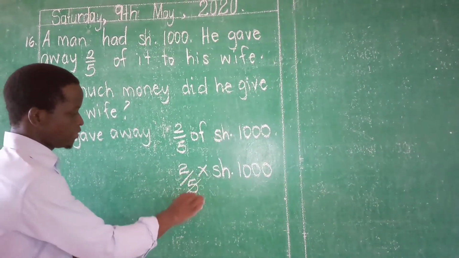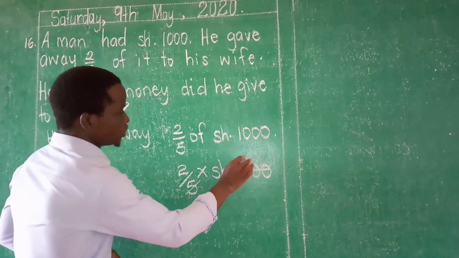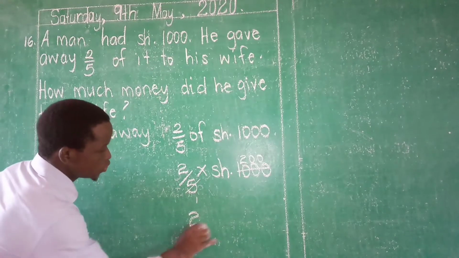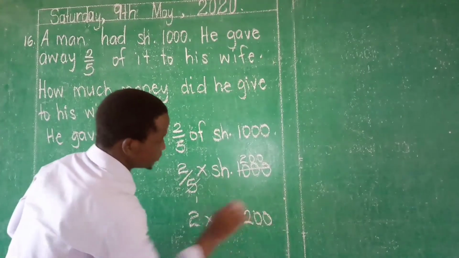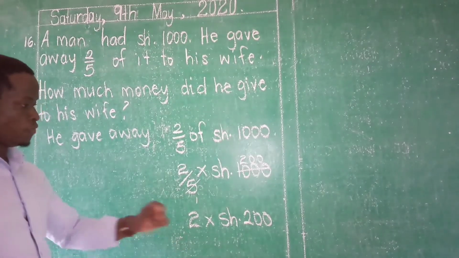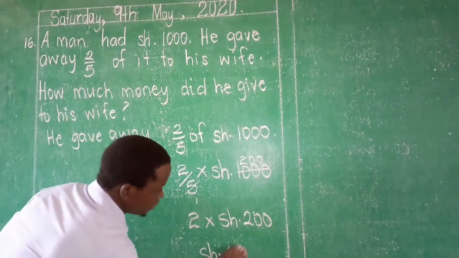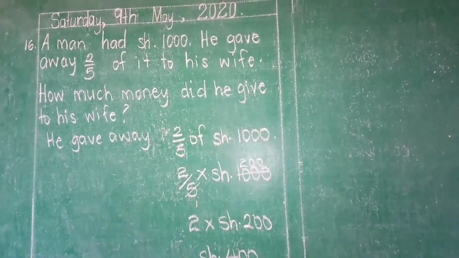Divide here by 5, we get 1. 1,000 divided by 5, we get 200. So here we have 2 times 200 shillings. What do you get? 400, right? So he gave 400 shillings to his wife. And that's our answer.